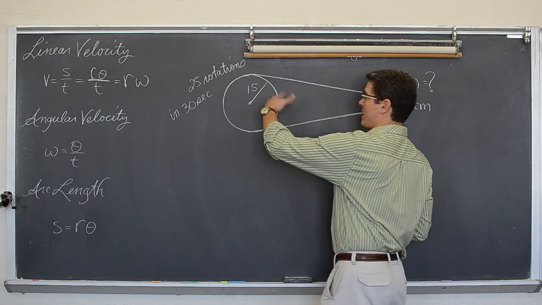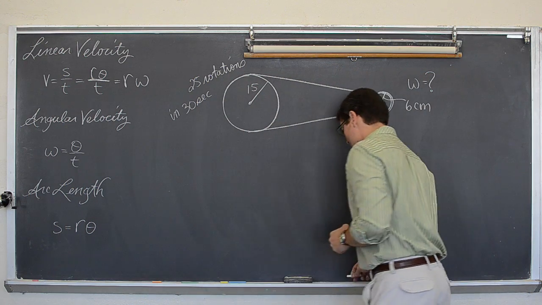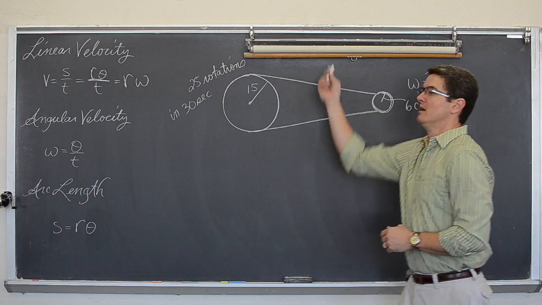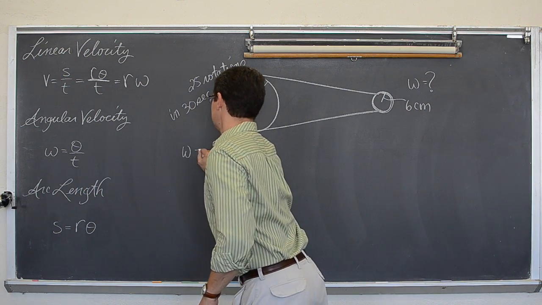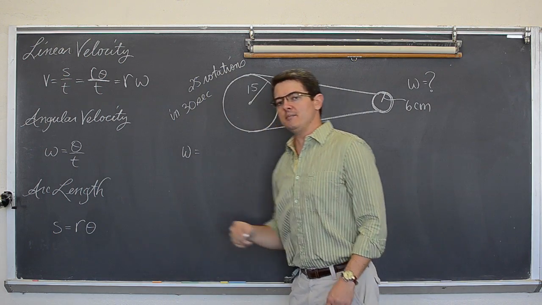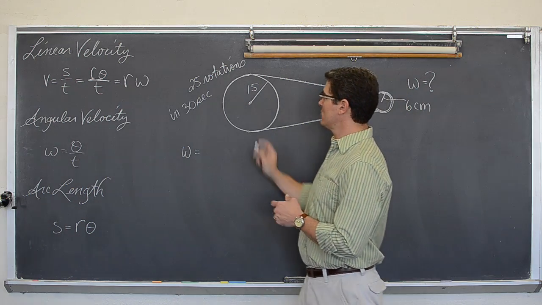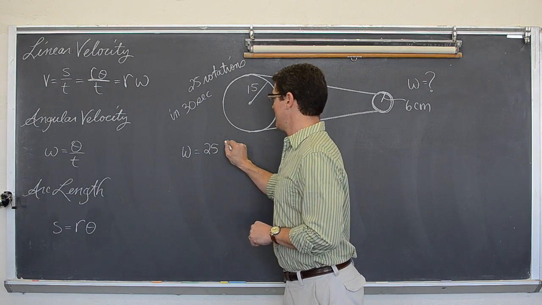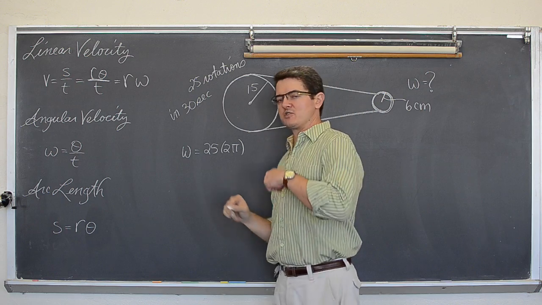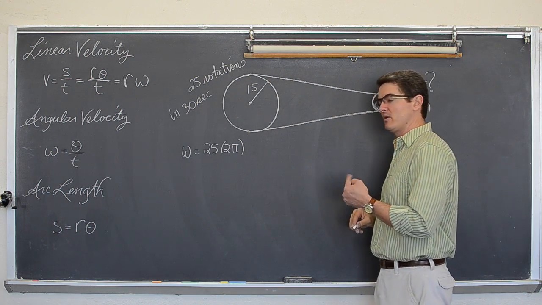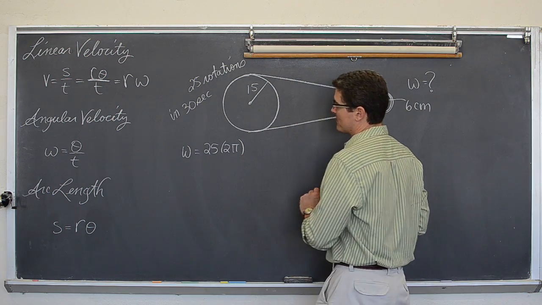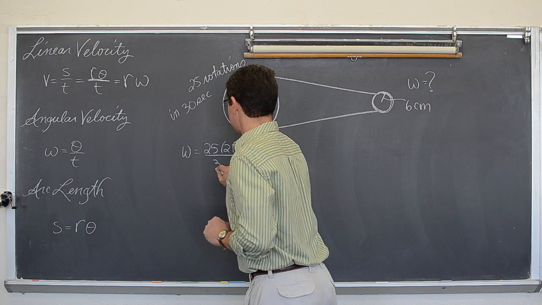So let's figure out what the angular velocity is for this front sprocket. Angular velocity is theta over time, with theta in radians, not rotations. So 25 rotations times 2 pi, since each full rotation is 2 pi radians or 360 degrees, over a 30-second period.